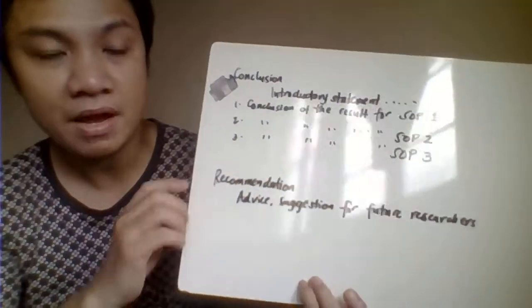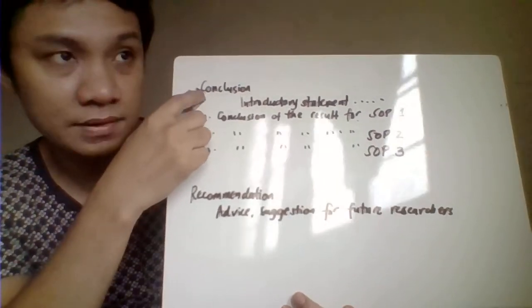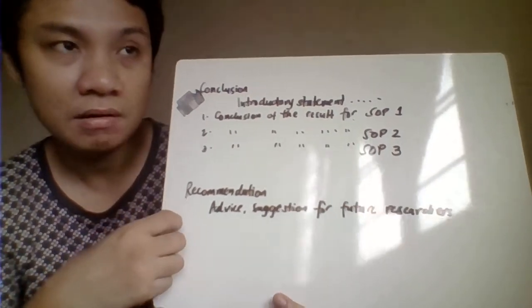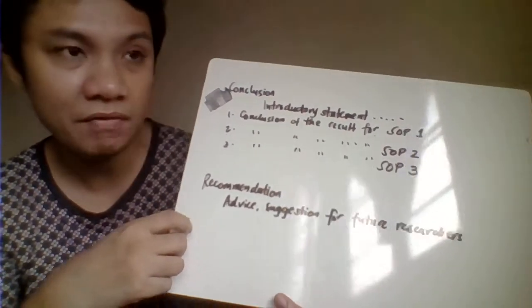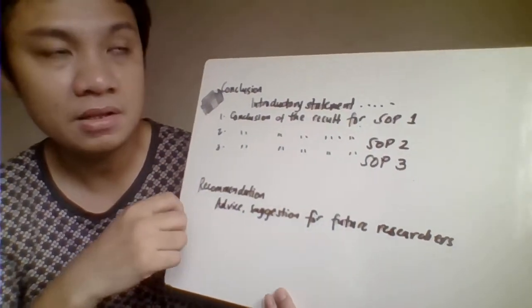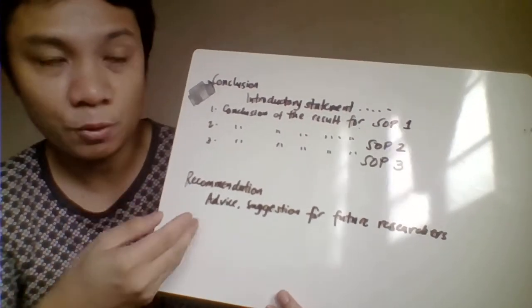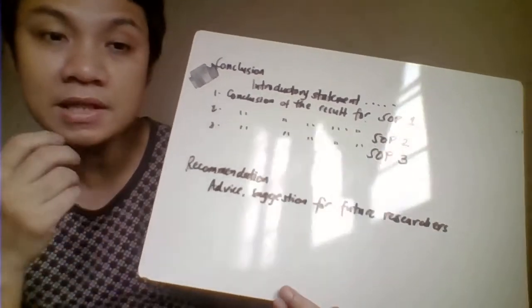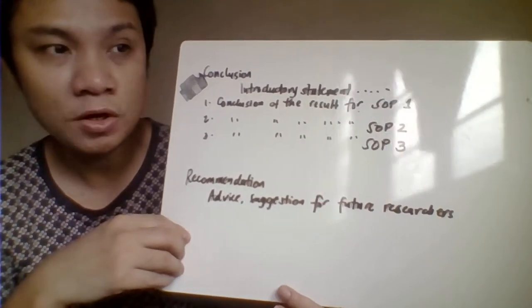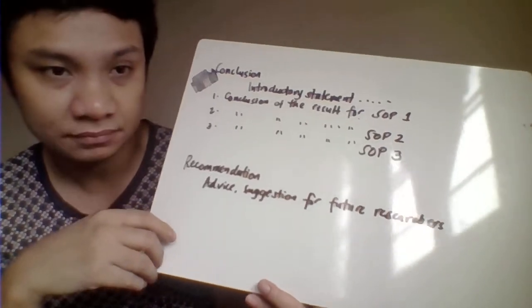Okay, the next one we have here is the conclusion. So for the conclusion, you write the word Conclusion, with a capital C and the rest small letters. Try to bold that one. Even the word Summary is also bold. Then have an introductory statement before you go with your conclusions. Your conclusion number one should speak about the conclusion generated from your result for SOP number one.